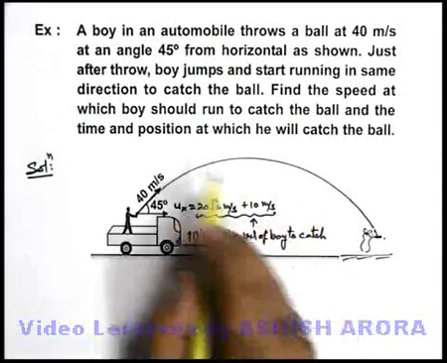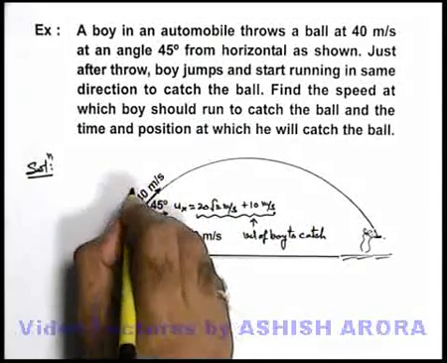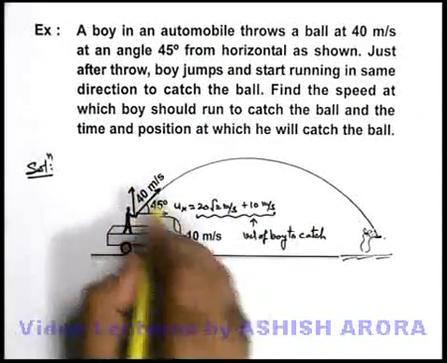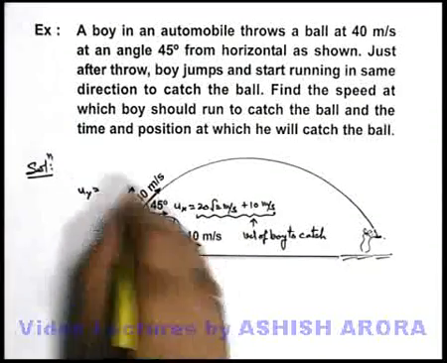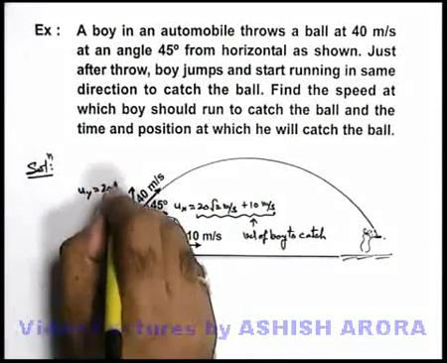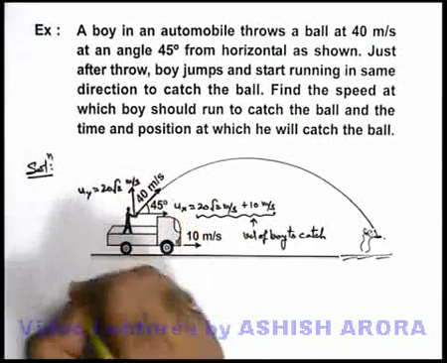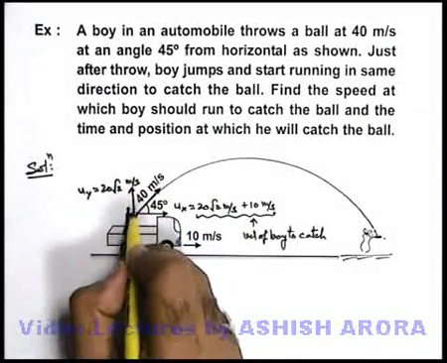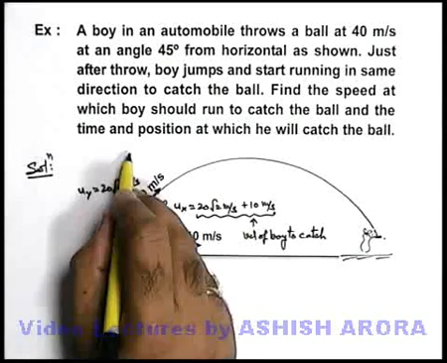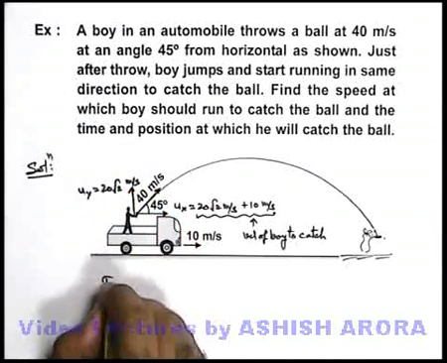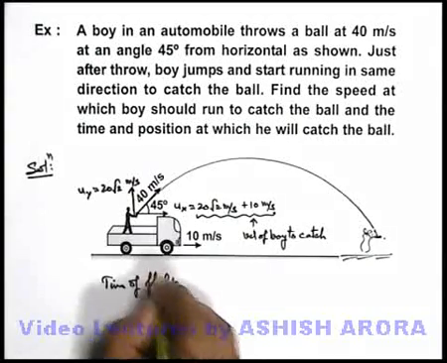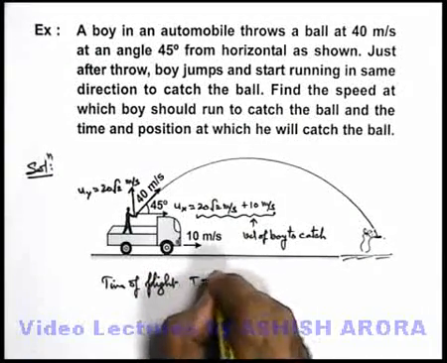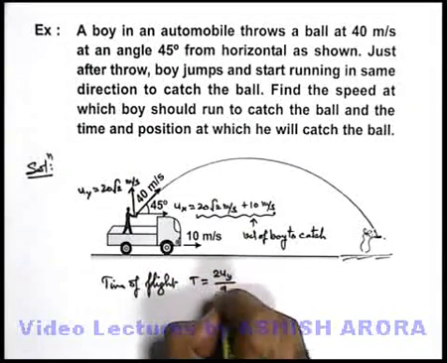And to find the time, we need to analyze the y direction motion, where the velocity of the ball can be written as 40 sin 45. Again, it is 20 root 2 meters per second, with which the ball is thrown up. It will first move up and then come down. So the time of flight of the ball can be calculated using the direct relation twice uy by g.